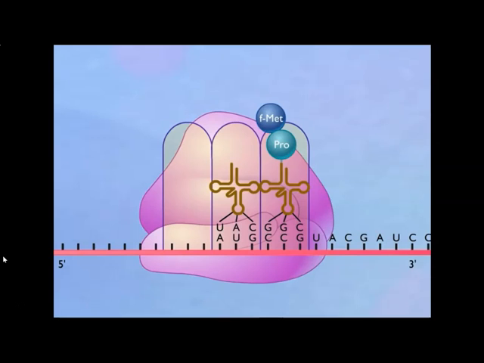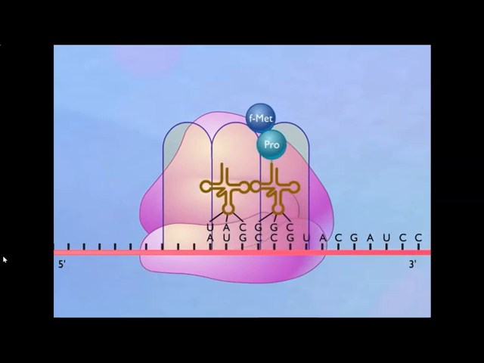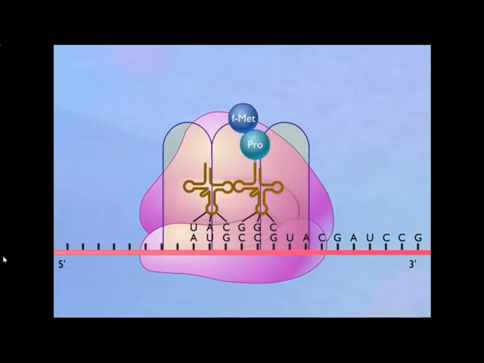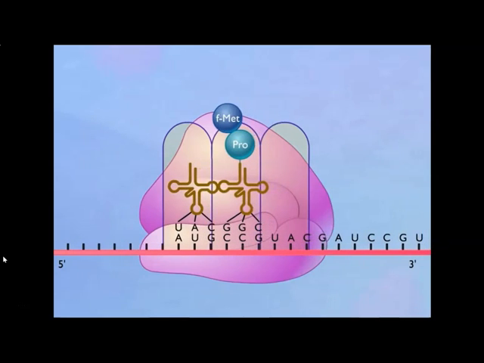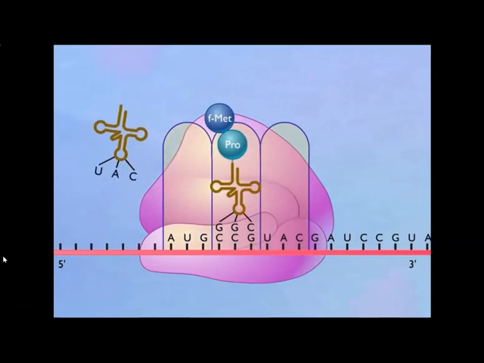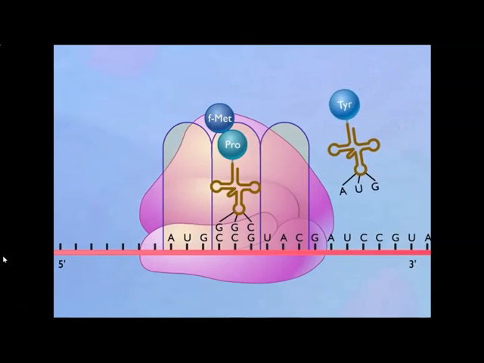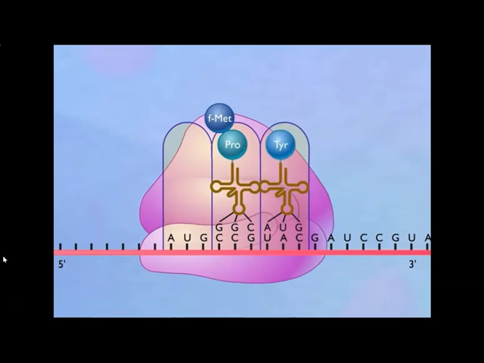The ribosome now advances a distance of 1 codon, and the transfer RNA that carried the formal methionine is released at the E site. A transfer RNA carrying the next amino acid now moves into the A site where the anticodon on the transfer RNA matches the codon on the messenger RNA.